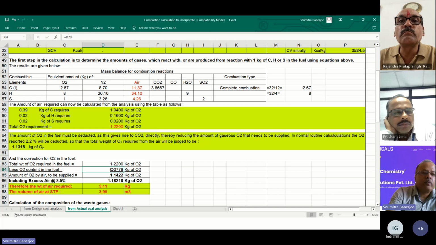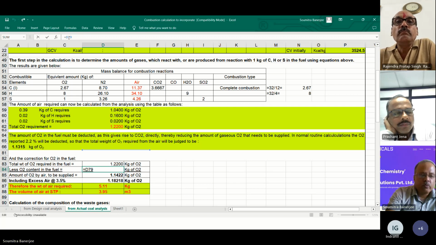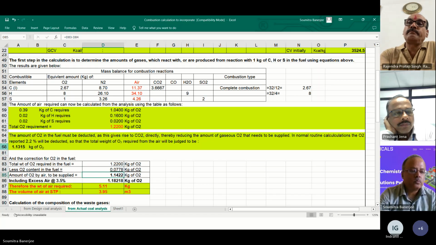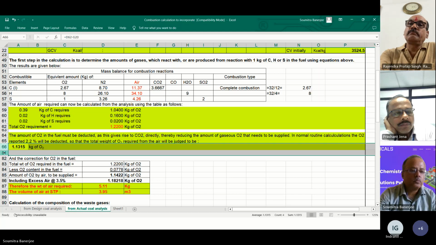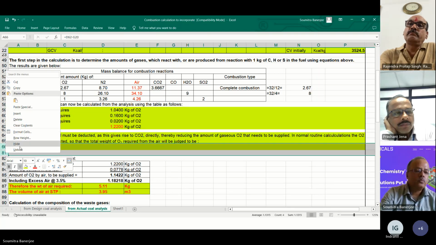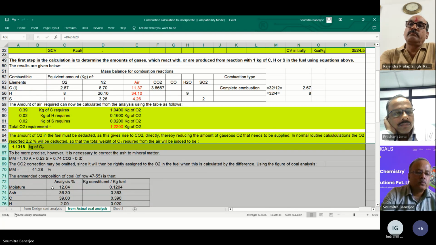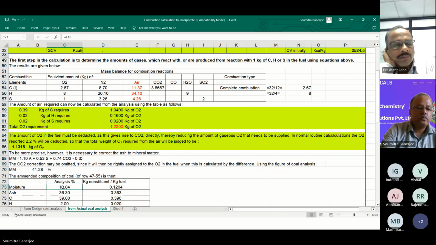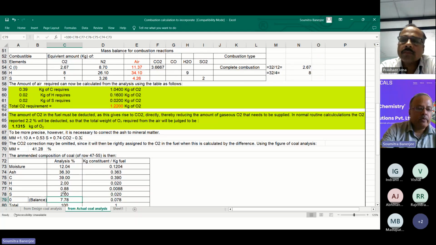This O2 content of D79 I've taken. D79 is below. I'll tell you why I've taken this. Here, the moisture, ash, carbon, and here oxygen is the balance.